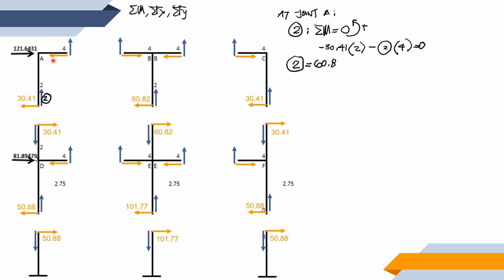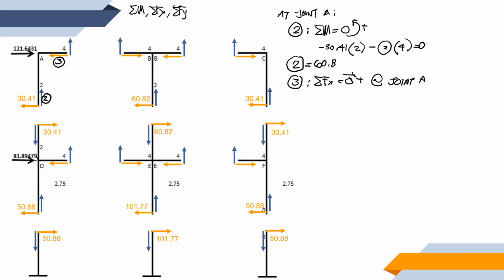So for us to get this, we just have to sum up forces along x. We will call this force number 3. So we sum forces along x, which is equal to 0, going to the right is positive at joint A.